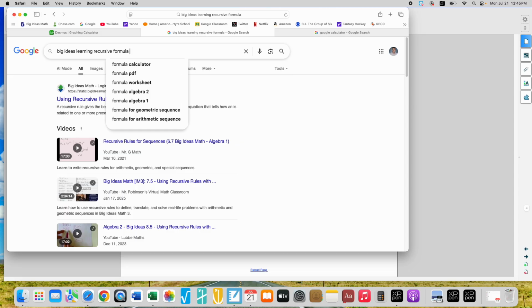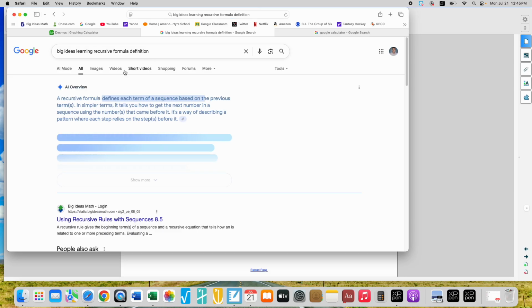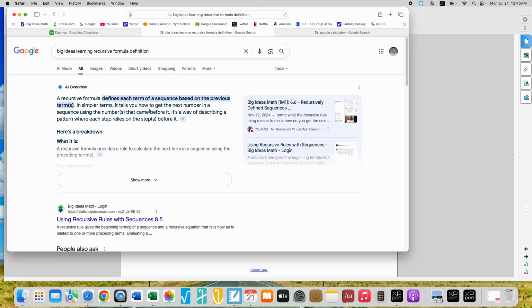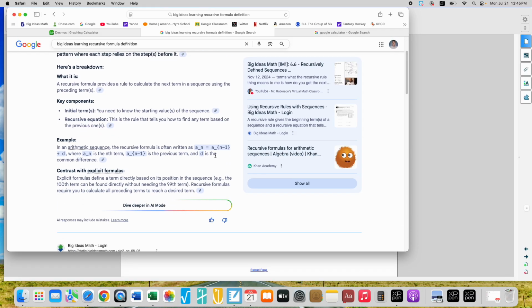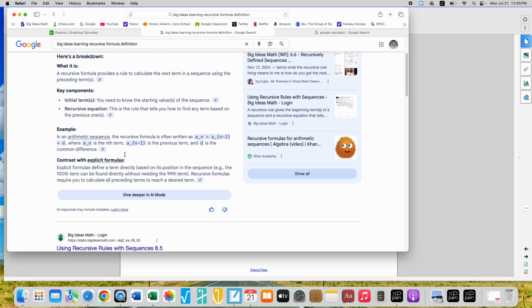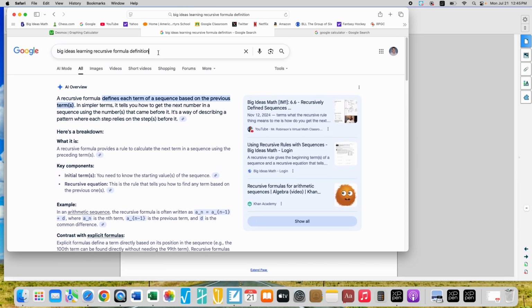Recursive form defines each term of a sequence based on the previous term. Simpler, it tells you how to get to the next number. Sure. Okay. A sub n equals a sub n minus 1 plus d. Oh, that's arithmetic and a geometric.